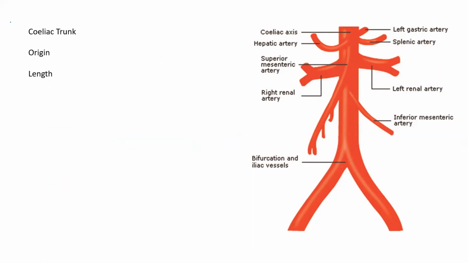Now we'll go to celiac trunk. So the celiac trunk, yes, that's the ventral branch of the abdominal aorta that is going to supply the derivatives of the foregut, and it arises from the ventral surface of the aorta corresponding to lower border of T12 immediately below the diaphragmatic opening, right?